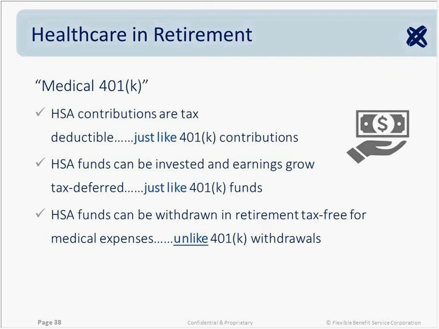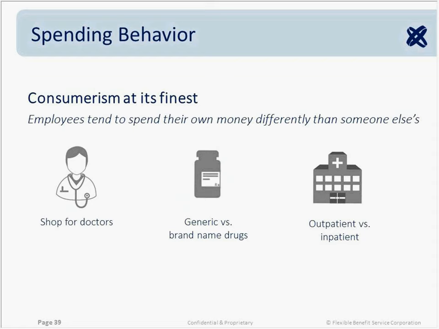HSA funds can be invested and earnings can grow tax deferred, just like 401k funds. And HSA funds can be withdrawn in retirement tax-free for medical expenses, unlike 401k withdrawals. So this is where the HSA has that triple tax advantage feature, whereas a 401k would only have a double tax advantage feature. So interesting way that HSAs are being portrayed now and how they can be used, and it's completely allowable under the tax law.